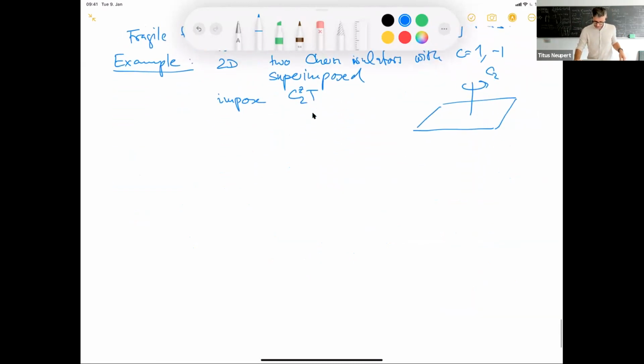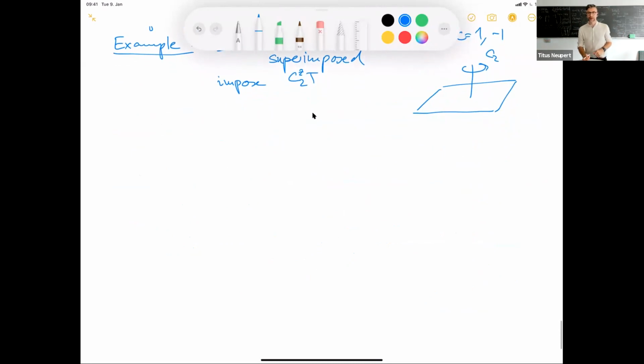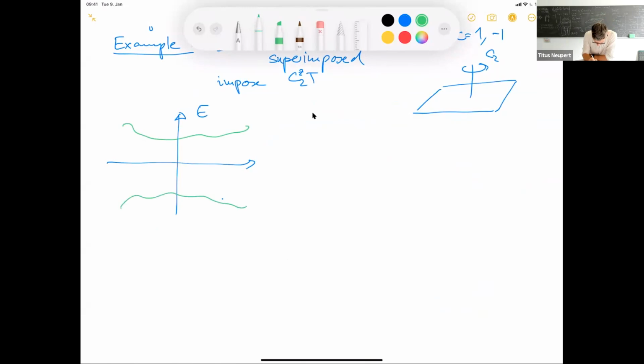Okay, so what do we know about this example in terms of the band structure or the Wilson loop perspective? First of all, just so that we have a picture in mind, for the energy bands there would be one set of bands, with two occupied and two empty bands, where the Chern number is -1 in the occupied and 1 in the unoccupied space.